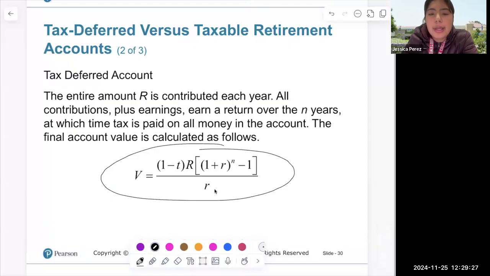Look at the formula: 1 minus T, and then R, the amount contributed each year, times 1 plus the rate, raised to the N, how many years, minus 1, all over the rate. This is the tax deferred formula.